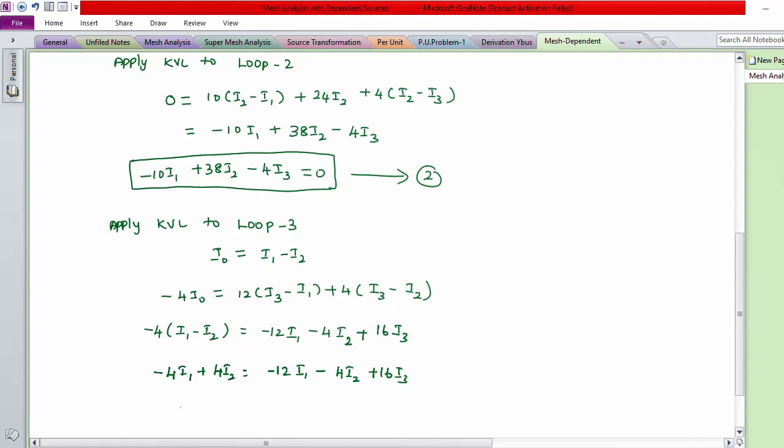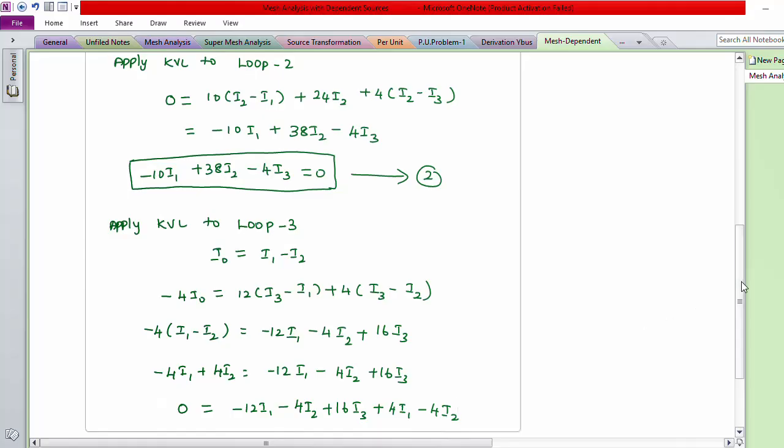Now we have to simplify this equation. Minus 4 I1 plus 4 I2 equal to minus 12 I1 minus 4 I2 plus 16 I3. So we can rewrite this and combine the coefficients of I1 and I2. By taking the term minus 4 I1 plus 4 I2 to the right hand side, it becomes plus 4 I1 minus 4 I2.